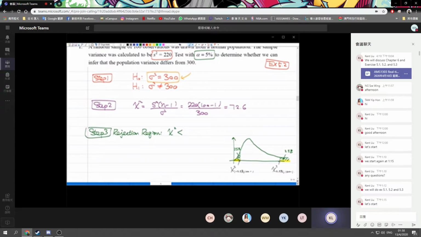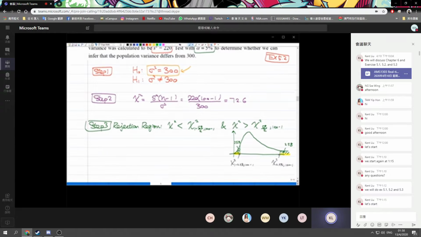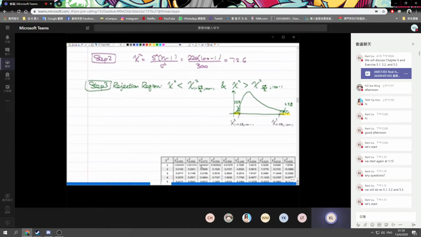Now let's write down the rejection region. Chi-square smaller than chi-square 97.5% with 100 minus 1 degrees of freedom, or chi-square bigger than chi-square 2.5% with 100 minus 1. Or if you prefer the other notation, here I will write 5% over 2. Now, we can go to the table and check the value.